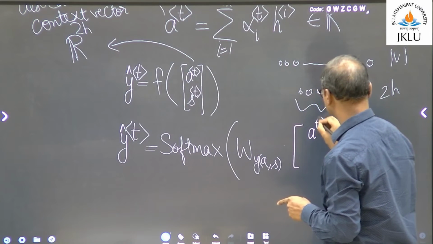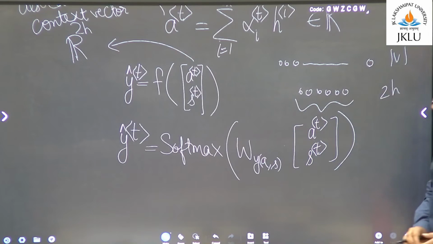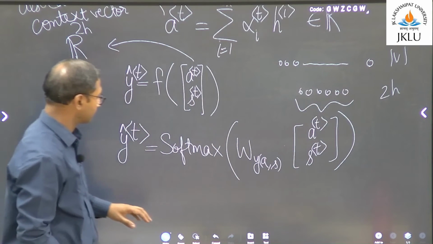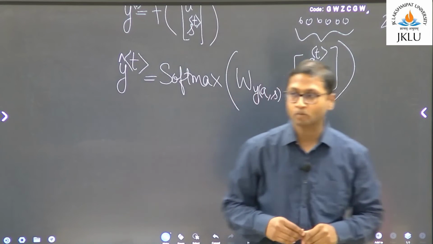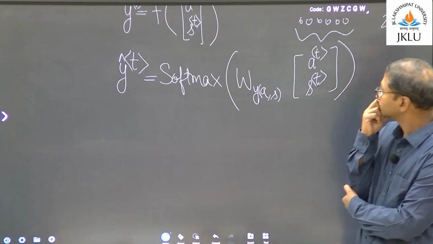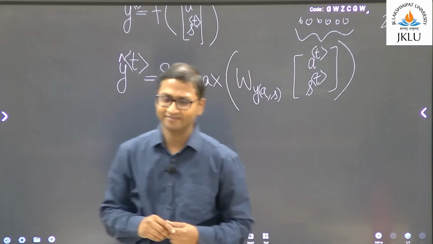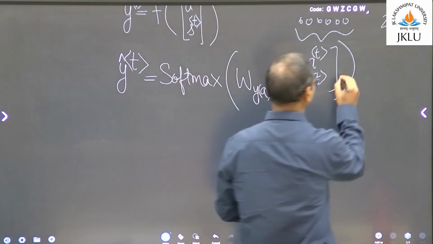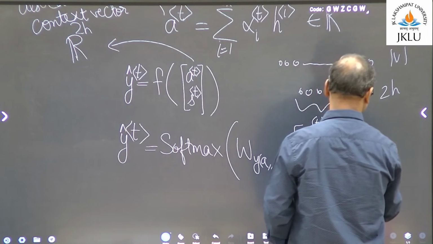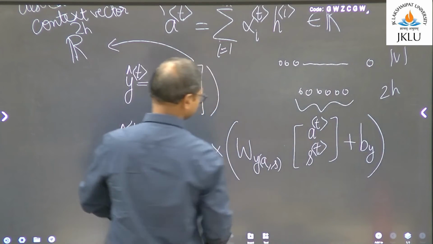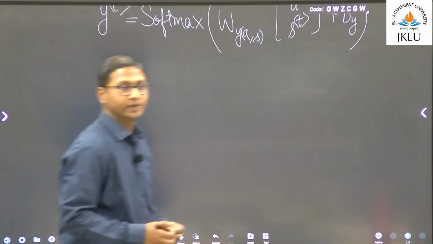Now what? A_t, S_t. Done? Keep writing. So B_y. Oops. Right, so now I want to introduce parameters.